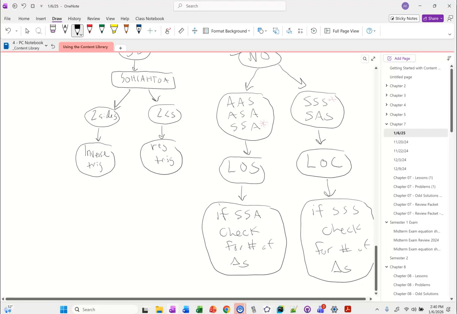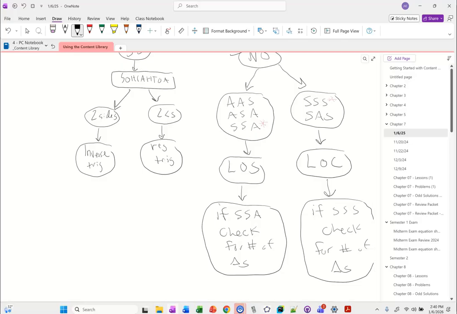So they have the same note where we have to check to see how many triangles are possible. The SSA situation is the worst case because you can have 0 triangles possible, 1 triangle possible, or 2 different triangles possible.